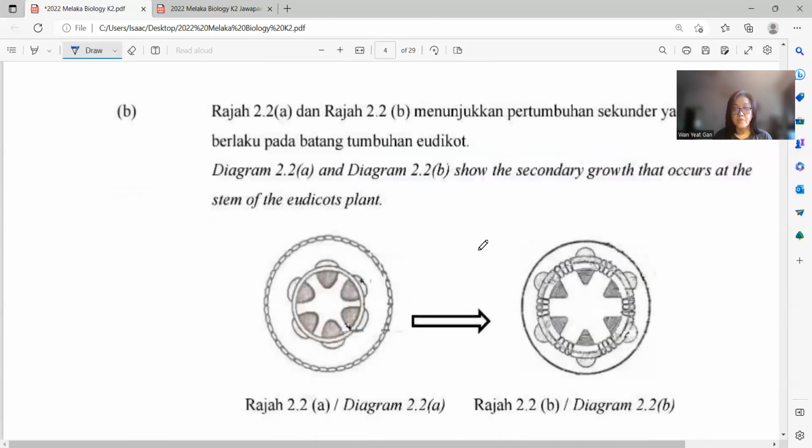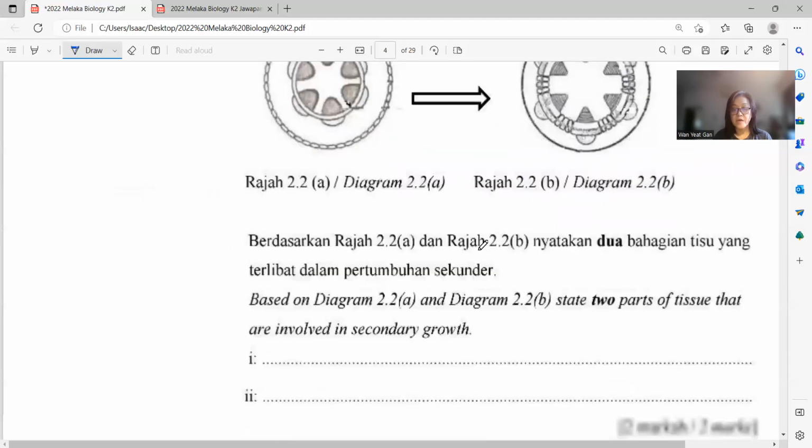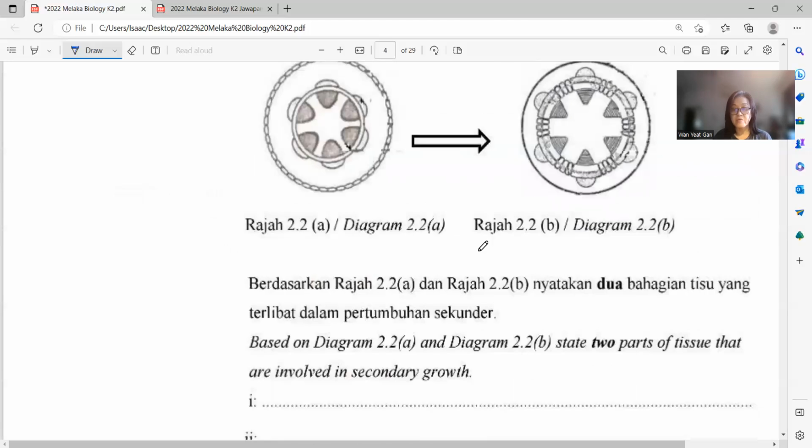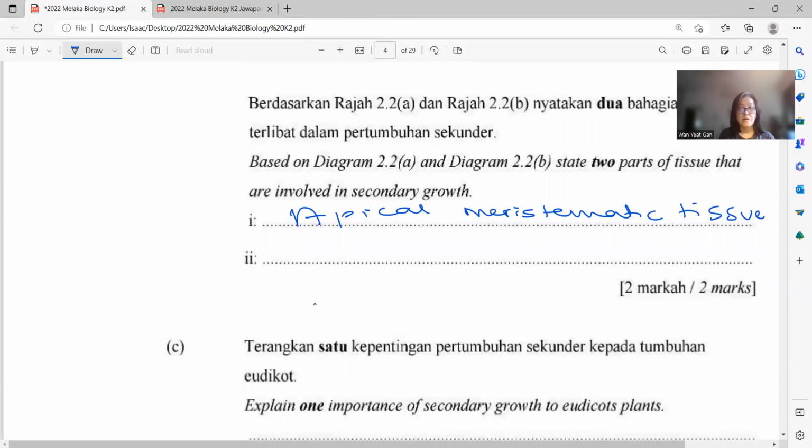Diagram 2.2a and 2.2b show the secondary growth that occurs at the stem of eudicot. Based on diagram 2.2a and 2.2b, state two types of tissue that are involved in the secondary growth. So the two types of tissue involved are apical meristematic tissue as well as lateral meristematic tissue.